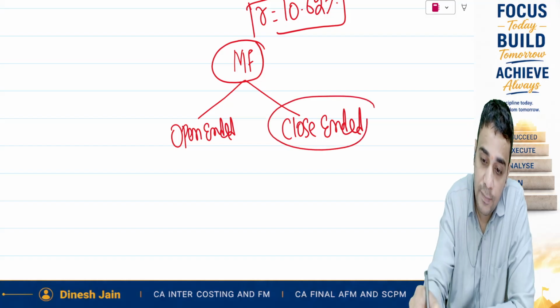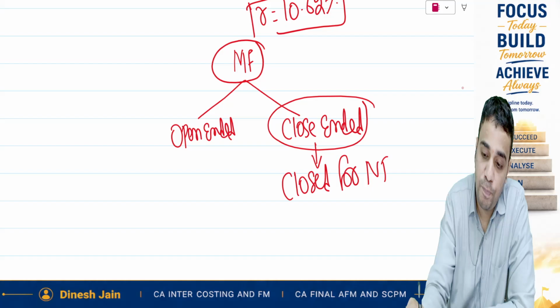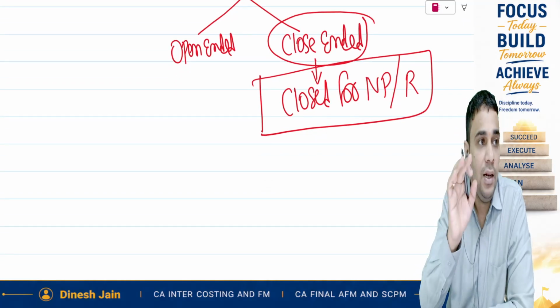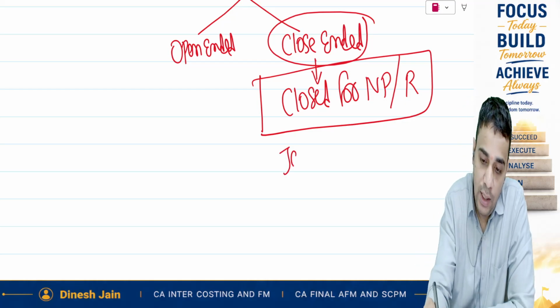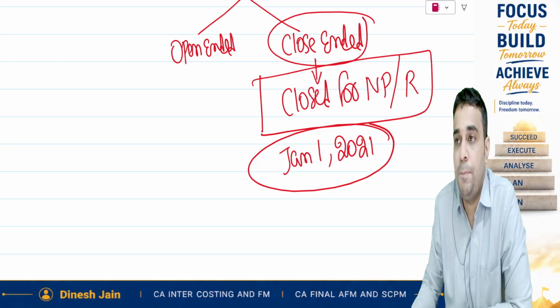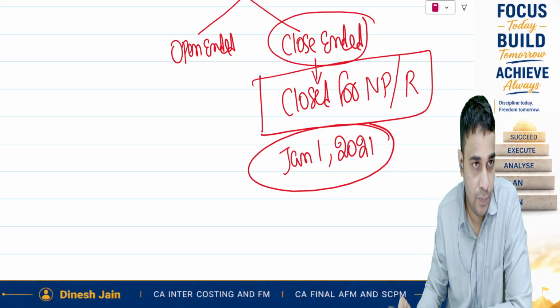Close-ended is closed for new purchase or redemption. Closed means they will tell an IPO date or an NFO date, January 1, 2021. Some 5,000 people or 5 lakh people or 50 crore people, whatever number, purchase the units.